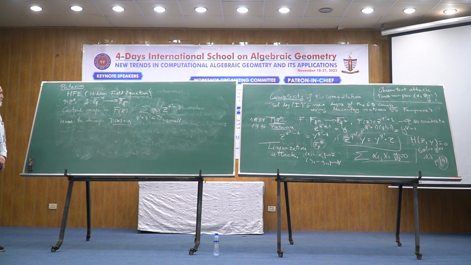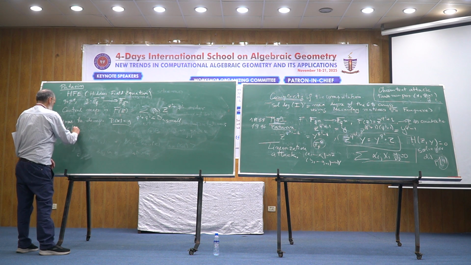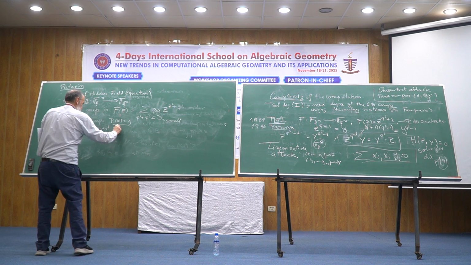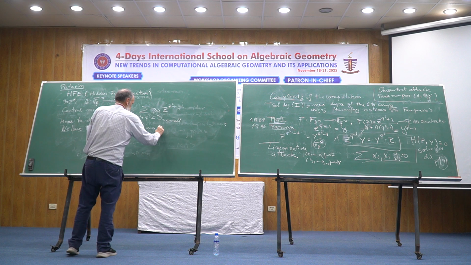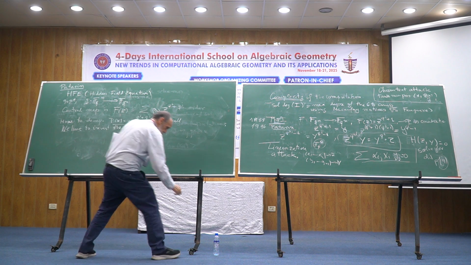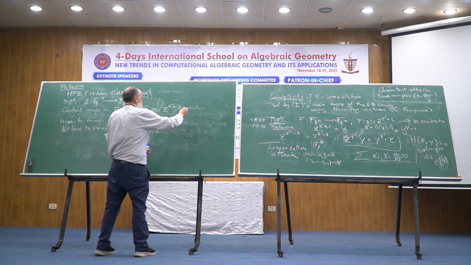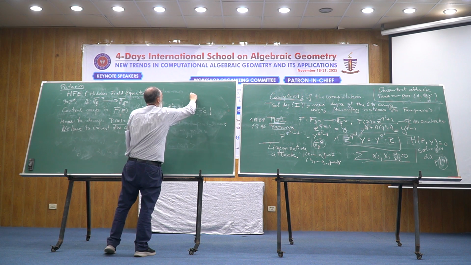So how to invert? Again, we have to invert the central map F. We have to compute a solution of this map: F(Z) minus y equal to 0, for y in the big field.